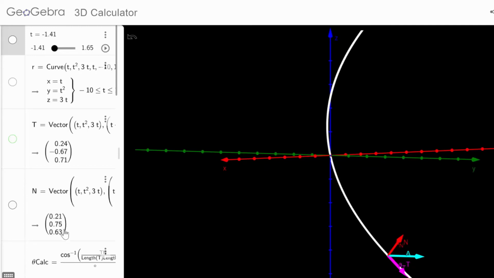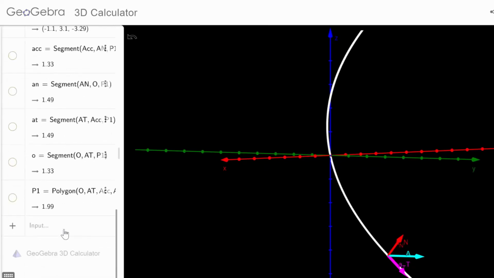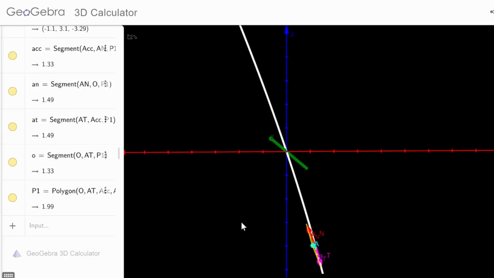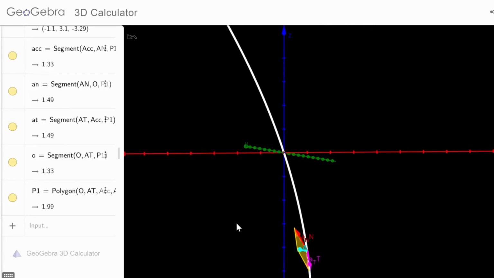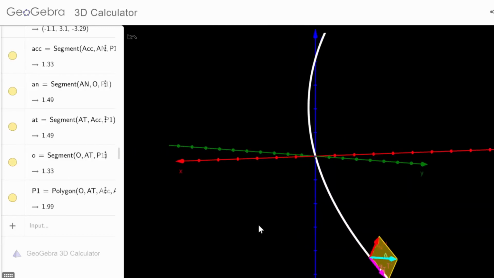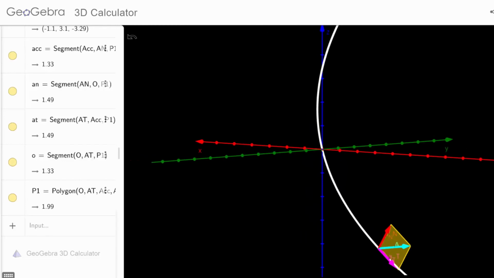Oh, by the way, they do lie in a plane, all three vectors. At least it looks like, from this particular example, they lie in a plane. I've graphed part of that plane here for you. And so if these three vectors lie in a plane, certainly n, t, and a lie in a plane. So at least that idea is believable from this picture.